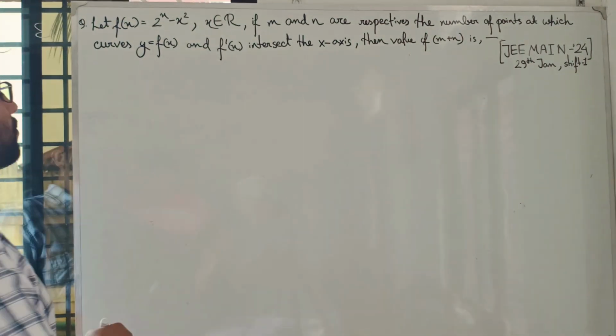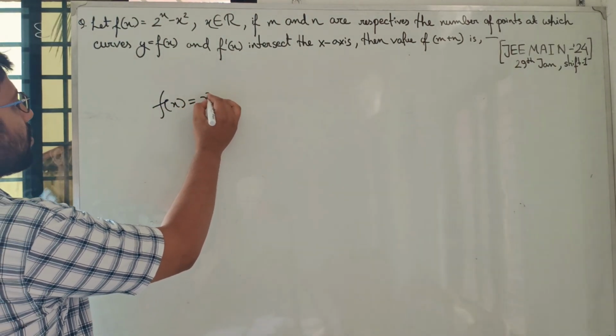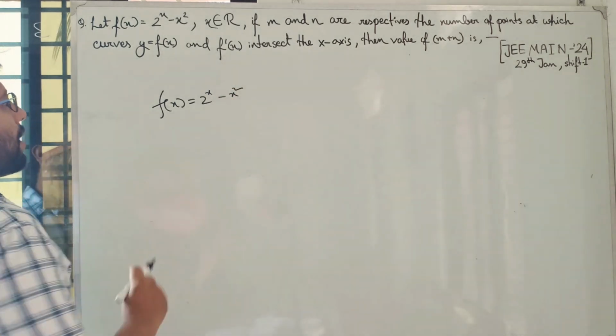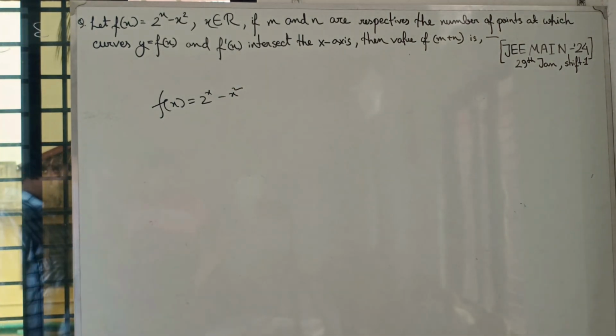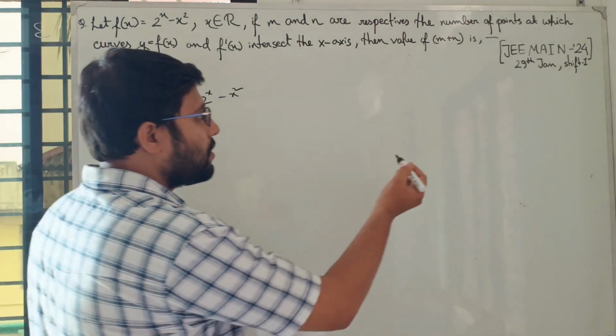Okay. Now, to determine the graph of f(x), we have to observe its nature. To do this problem we need first some theory.